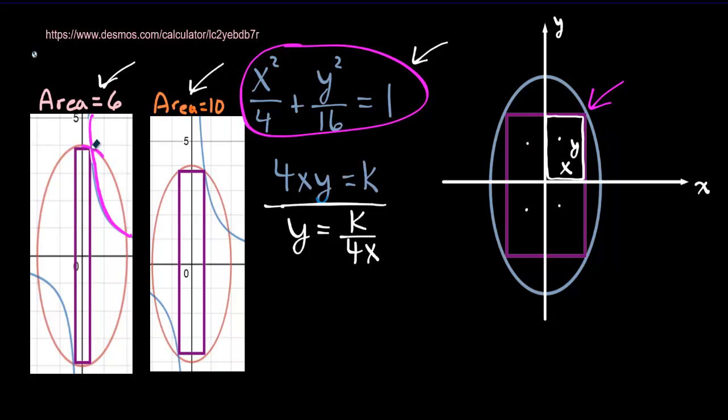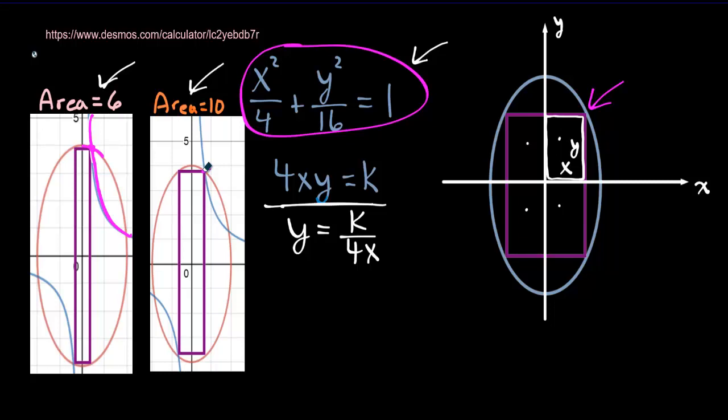And notice its vertex is at the corner, at the intersection of the ellipse and the hyperbola. And then it goes down, and you see you've got an area of 6. Now, if we make the rectangle a little bit wider, we've got the area equals 10. The corner of the rectangle is right here at the intersection of the hyperbola and the ellipse.